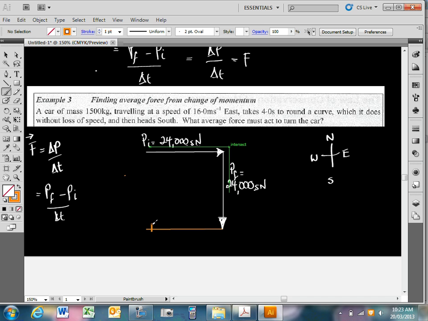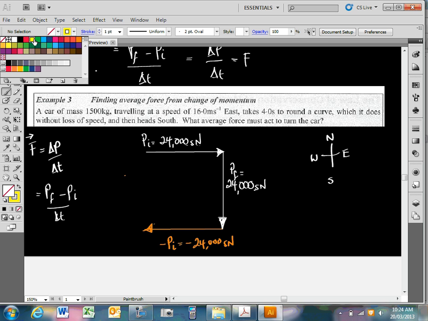Okay. Now what's that guy? That's minus the initial, isn't it? Equals, for consistency, it has a magnitude of 24,000 sec newtons. It is in the opposite direction. Now what's the resultant?